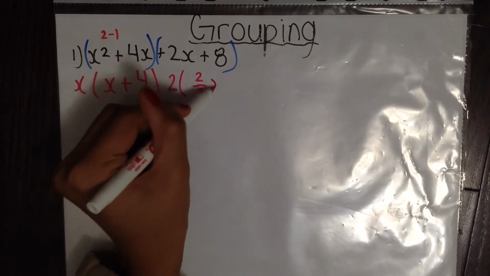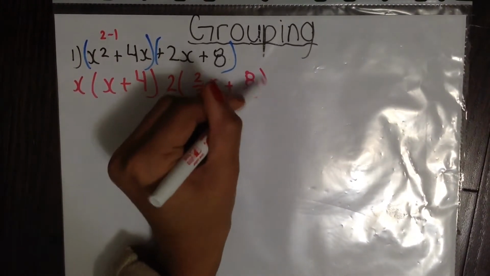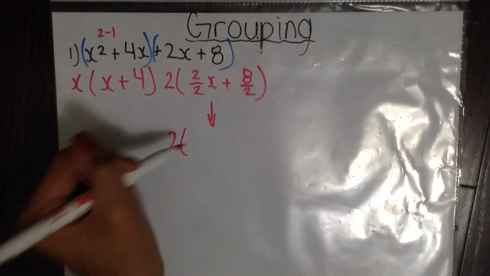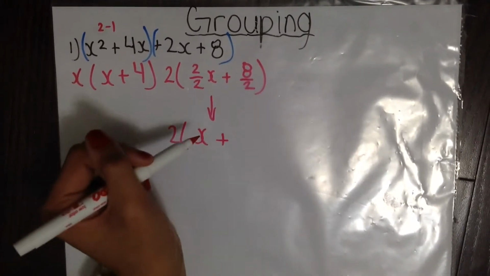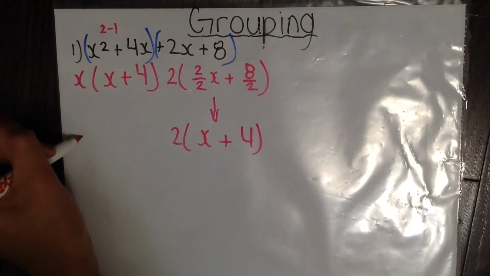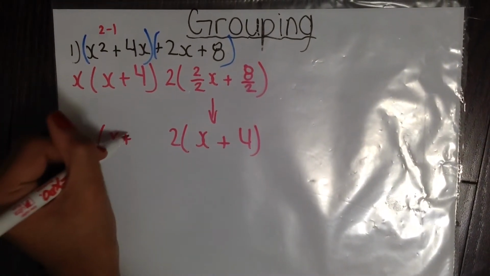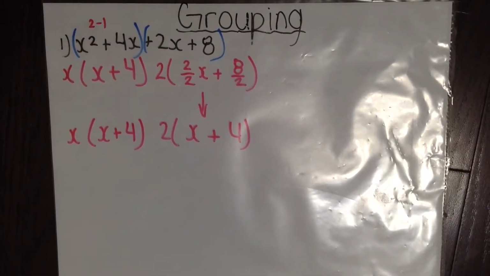So you divide 2x by 2 and 8 by 2. Then when you solve this, you're left with x plus 4. So in the end, the two factors I'm left with are x plus 4 and x plus 2.